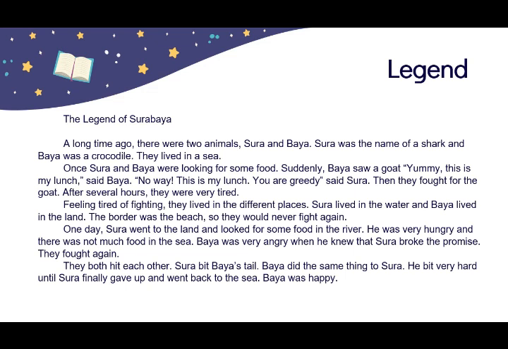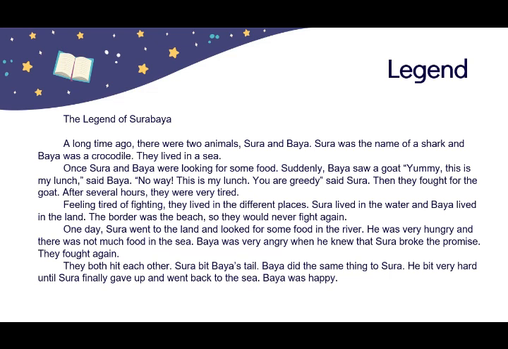Then they fought for the goat. After several hours, they were very tired. Feeling tired of fighting, they lived in the different places. Sura lived in the water, and Baya lived in the land. The border was the beach, so they would never fight again. One day, Sura went to the land and looked for some food in the river.